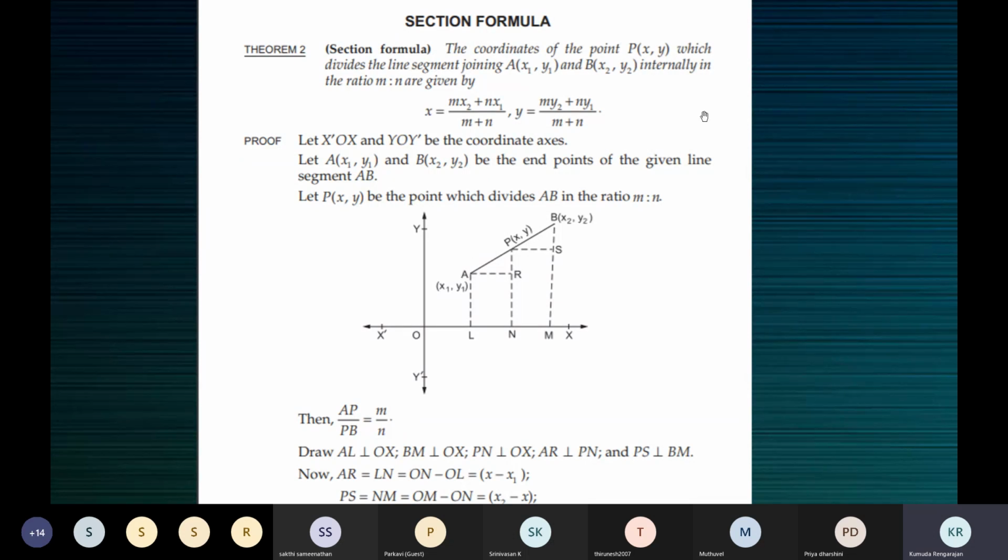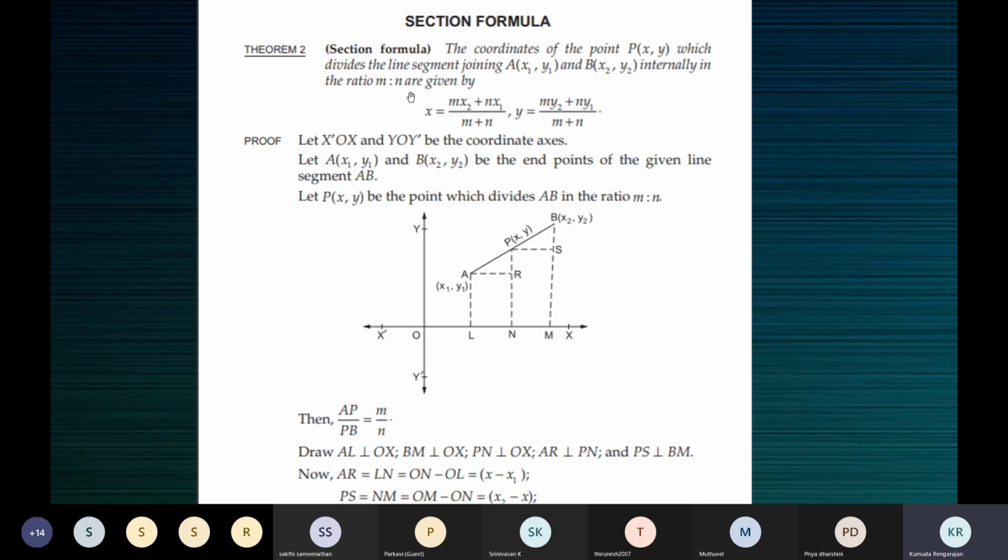We don't have that in our syllabus. Internally means P lies on the join of A and B, on the line segment AB and not on AB produced. If P lies on AB produced, it is a case of external division. If P lies on AB, it is internal division.